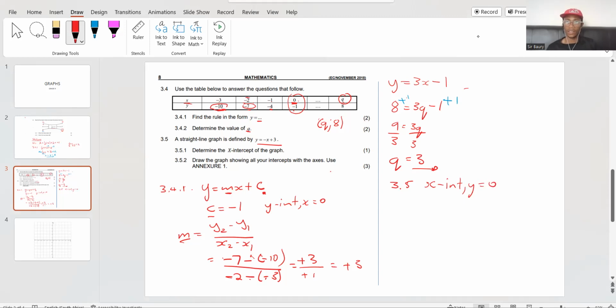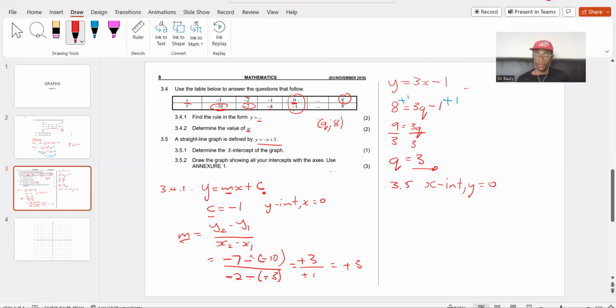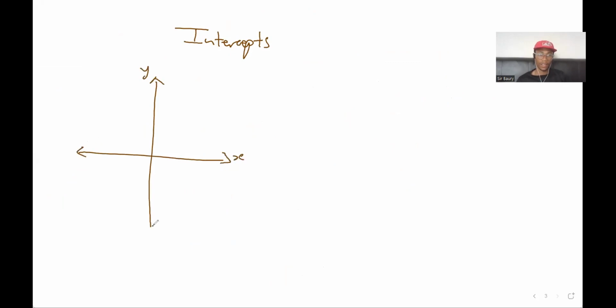So let's just recap quickly on intercepts. From the graph, that's a Cartesian plane, with the x-axis and the y-axis. So let's say I have a graph.